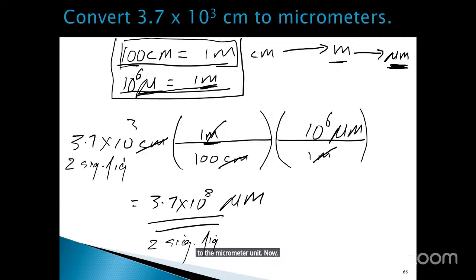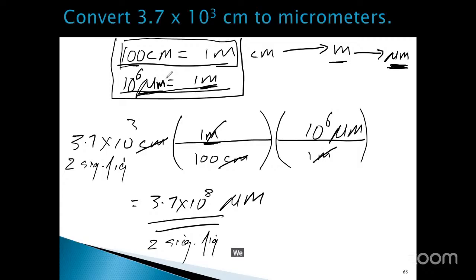Now we know that 100 centimeters is equal to 1 meter, right? And we also know that 1 million micrometer, and this is a typo, well, not a typo, but a bit of an error, this should be micrometers, right?